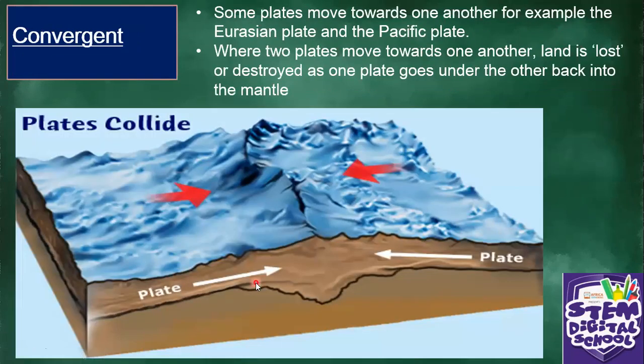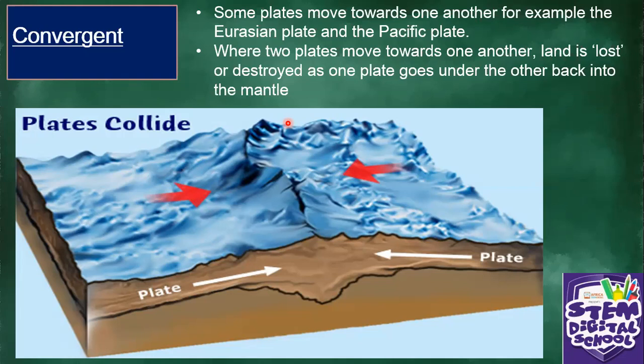Let's start with convergent. What happens in the convergent movement? Some plates move towards one another. You can see in the example there, for example, the Eurasian plate and the Pacific plate. When they collide, they crash against each other.